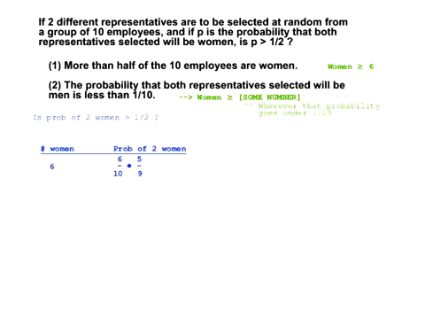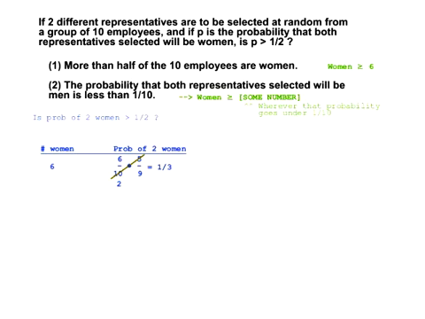So 5 and 10 give you a 1 and a 2, and 6 and 9 is 2 over 3. So that's going to be 1/3 once you break it all down.